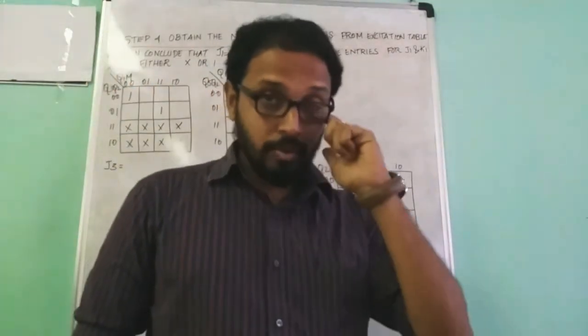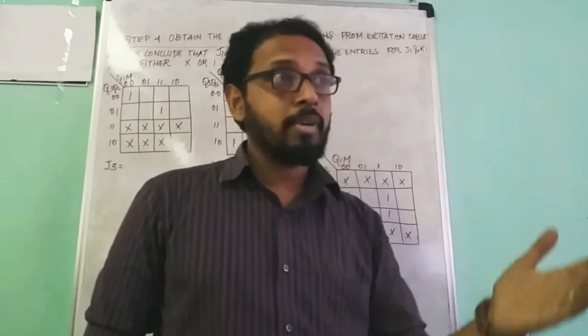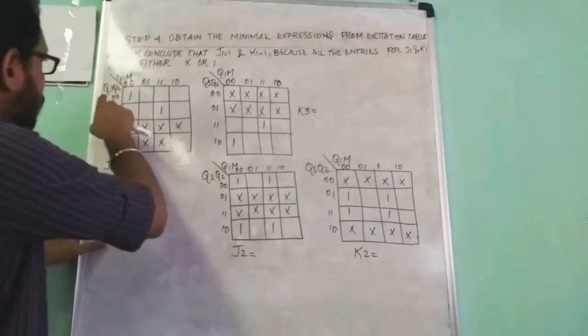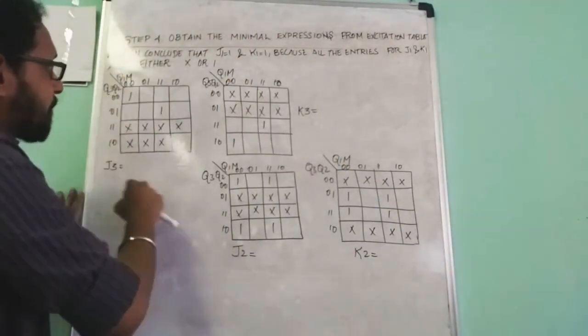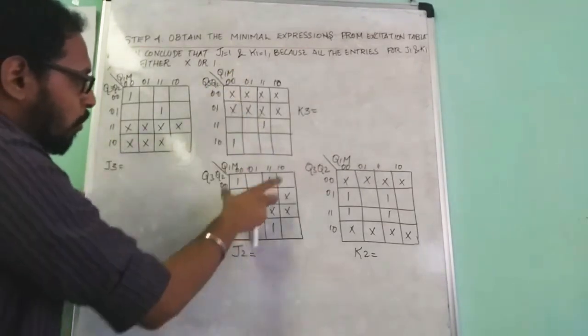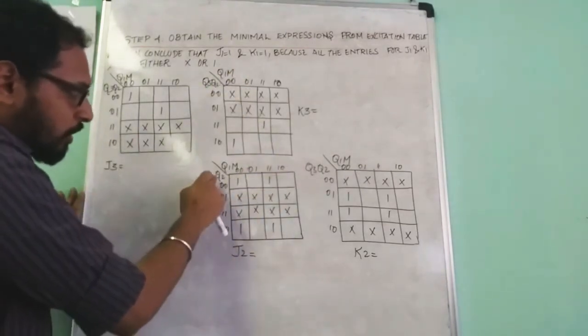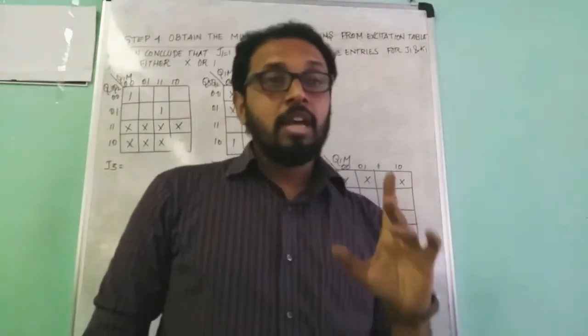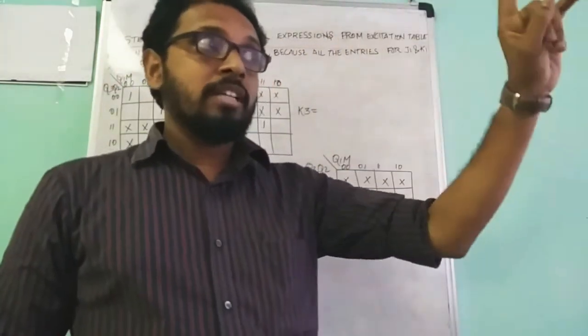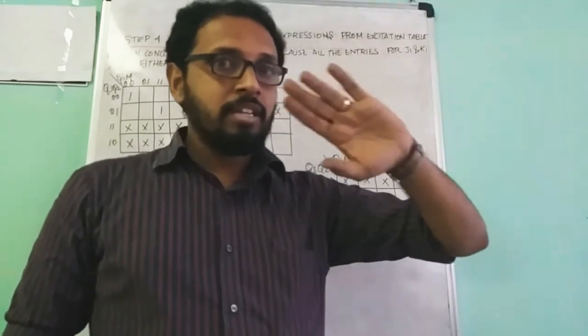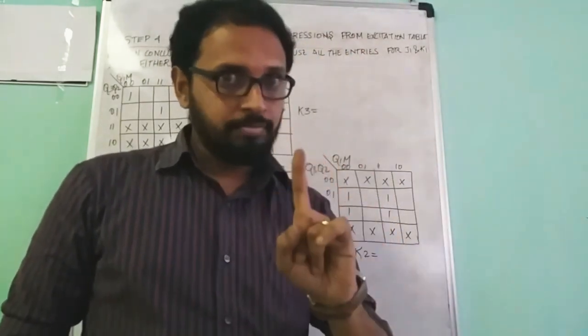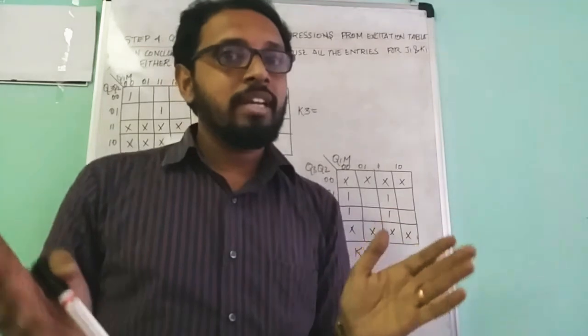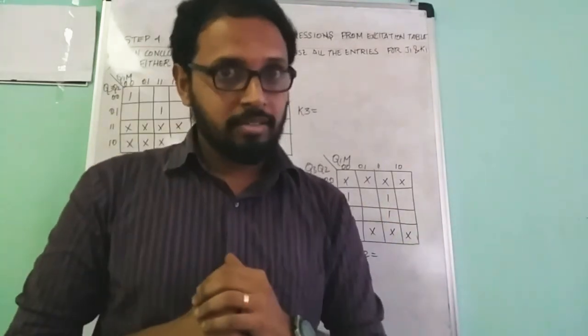What we need to bear in mind is we took the values Q3, Q2, Q1, M, Q3, Q2, Q1, M. All these cases we took Q3, Q2, Q1, M. Do not miss the mode. And we look at the J values where we find a 1, and we also take the x, that is the don't cares.